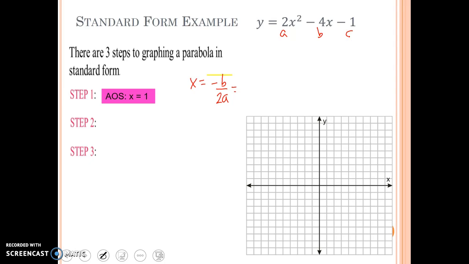The opposite of b, which is -4, changes to +4. Then 2 times a, well, a is 2, and 2 times 2 is 4. That's where I got this value of x equals 1 for the axis of symmetry.